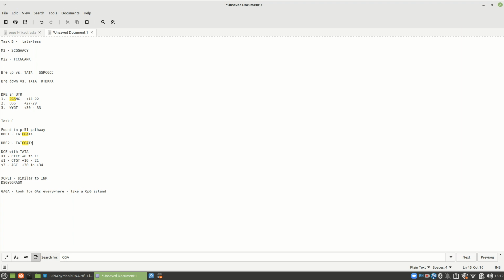So here are the DREs. They're found in a specific pathway that's very important. P51 is your suicide gene. It's the gene that starts off the cascade for the cell to kill itself. So this one is highly regulated, and everything in this pathway tells the cell to lyse, to essentially burst. This one is usually turned off, and you have to regulate it.